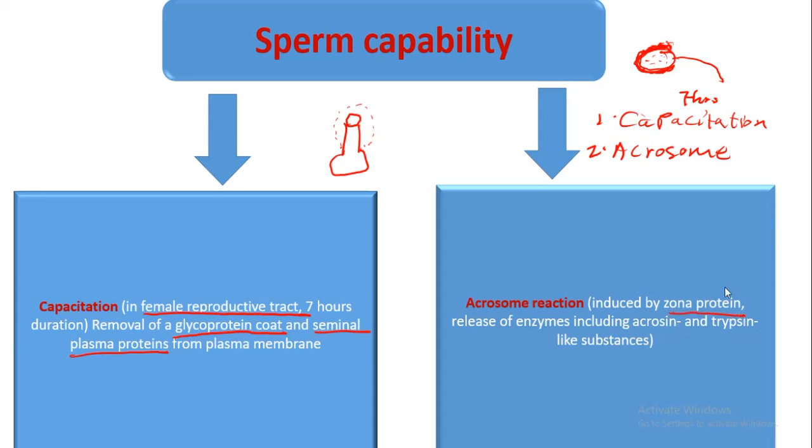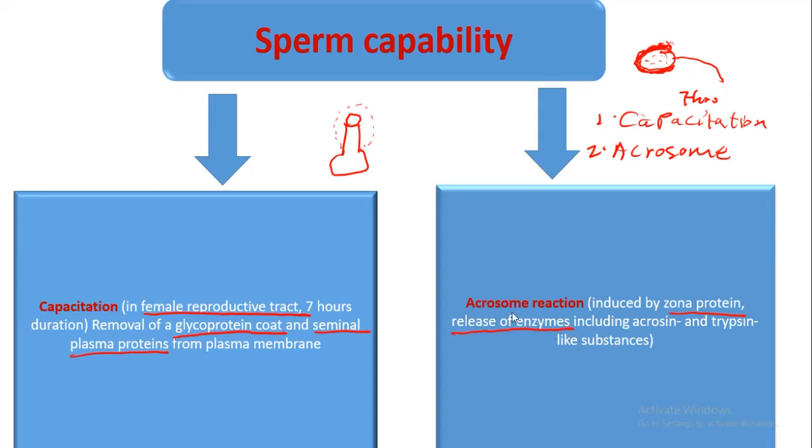These Zona proteins are proteins coming from the female, from the oocyte. So these proteins are going to induce the process of the acrosomal reaction, and this reaction will involve the release of what? Enzymes.